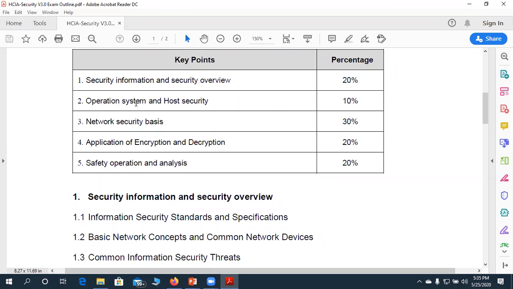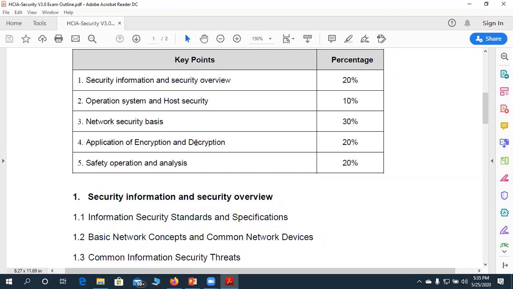The second module, operating system and host security, makes 10% of the exam. Then we have network security access, which makes 30% of the exam.